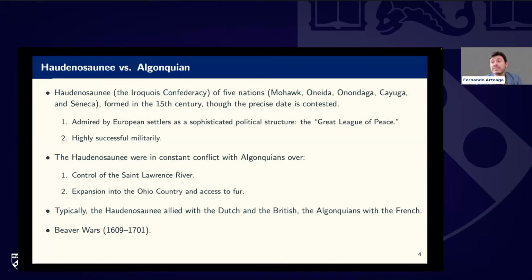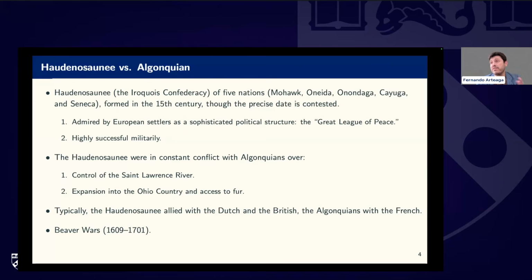Two of the main things that they were trying to contend for in the Mid-Atlantic and the New England region were, first, the control of the St. Lawrence River. Why? Because across time and even up to our days, waterways are the cheapest, or least costly, way to move goods and also yourself.